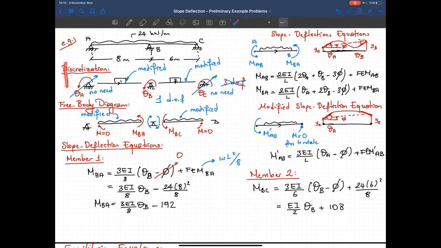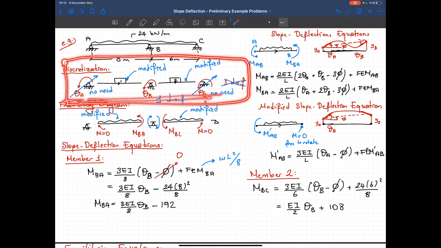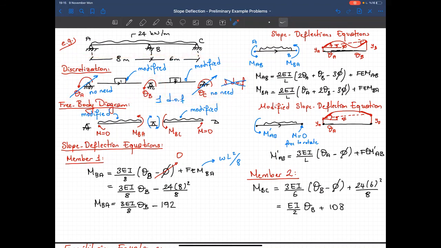And from now on, I will be showing the discrete version of the structure as follows. I will only show the degrees of freedom that I need to calculate its value.